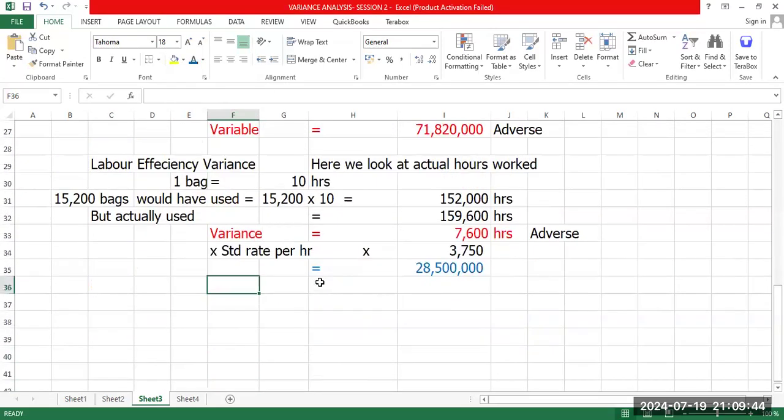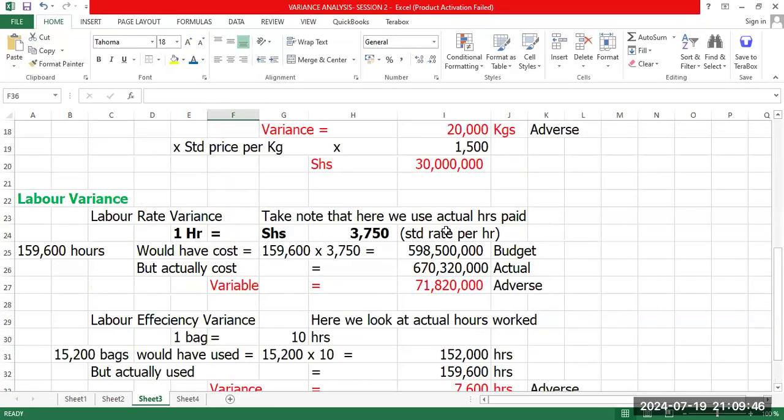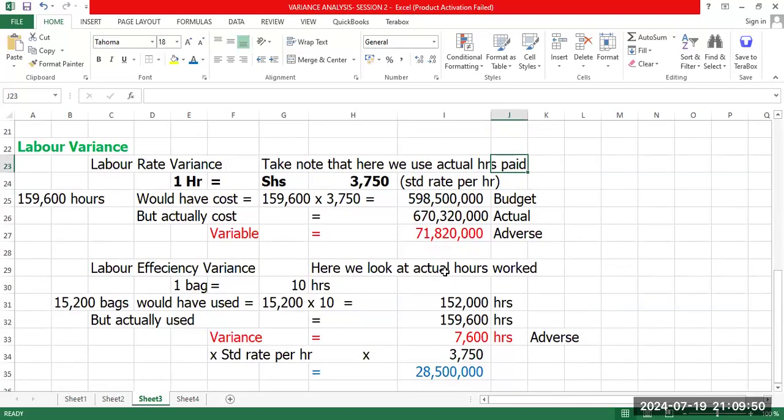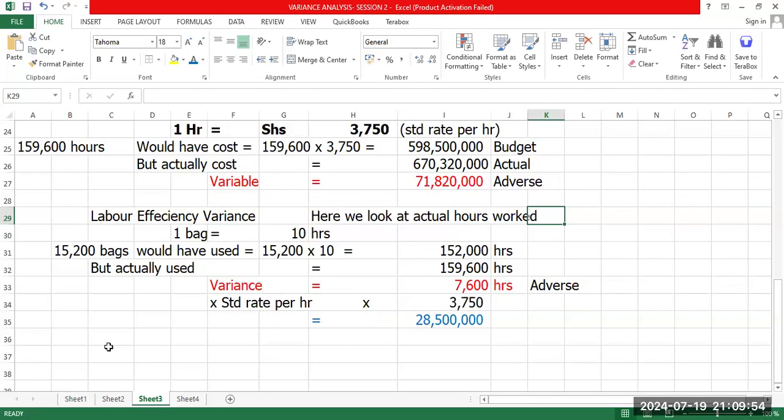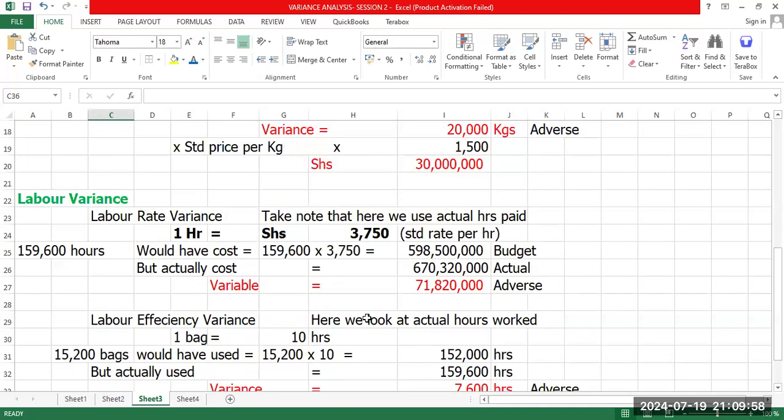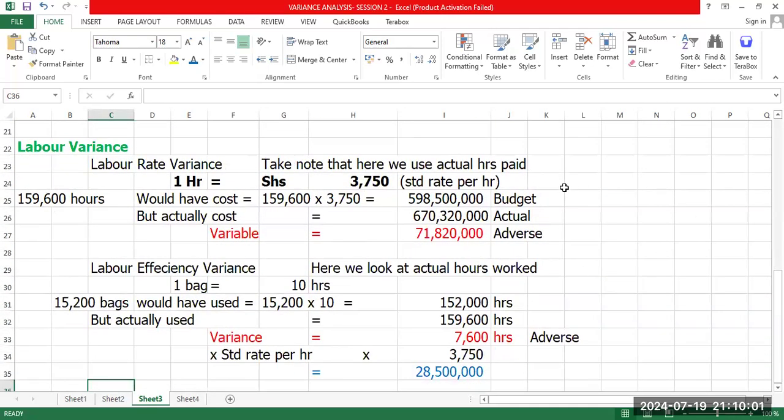Now we are done. If we had actual hours paid and actual hours worked, then we could go ahead and get idle time variance. Idle time variance arises where actual hours worked are different from actual hours paid.